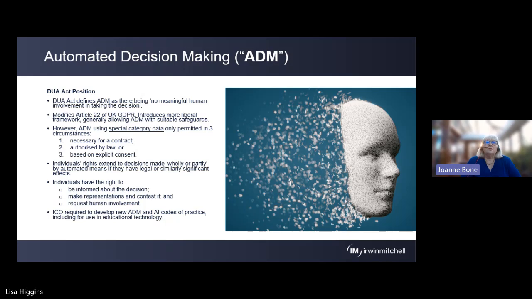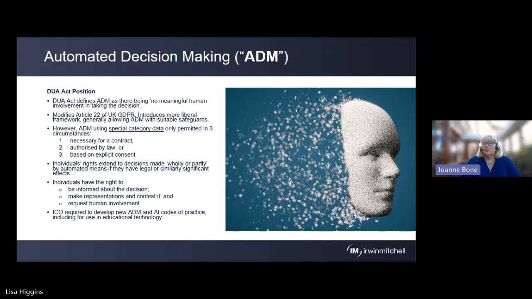So ordinary personal data, the position is reversed. So subject to the controls that I've mentioned on the slide, you can carry out, once this comes in, automated decision making using ordinary personal data.